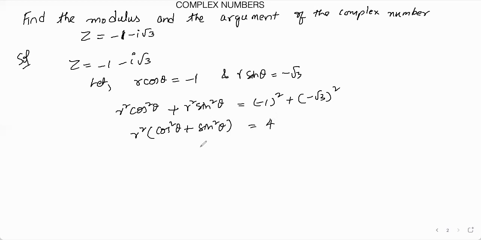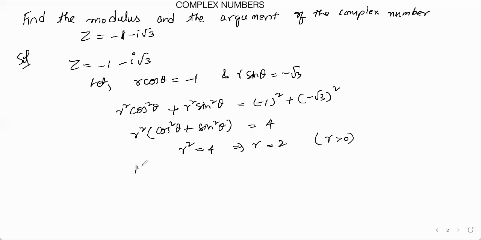Cos square theta plus sin square theta is 1, so r square is equal to 4, or r is equal to root 4, which is 2. We'll consider r greater than 0, conventionally.